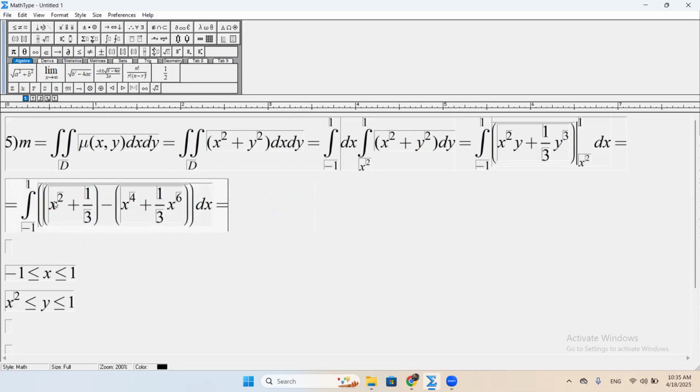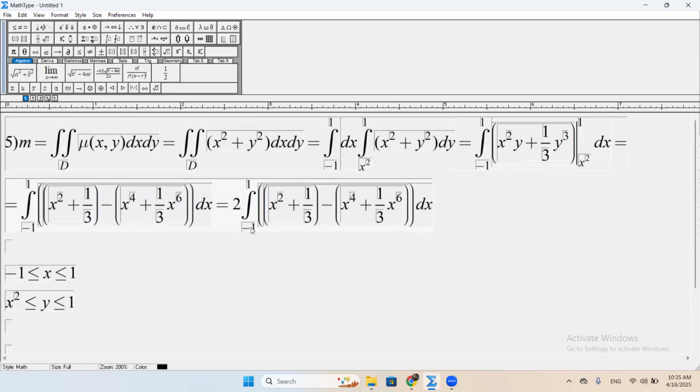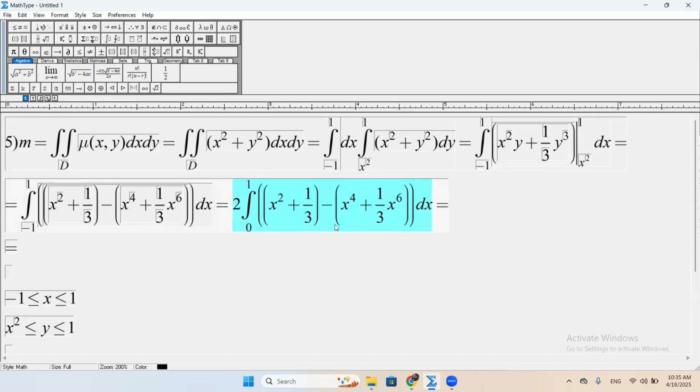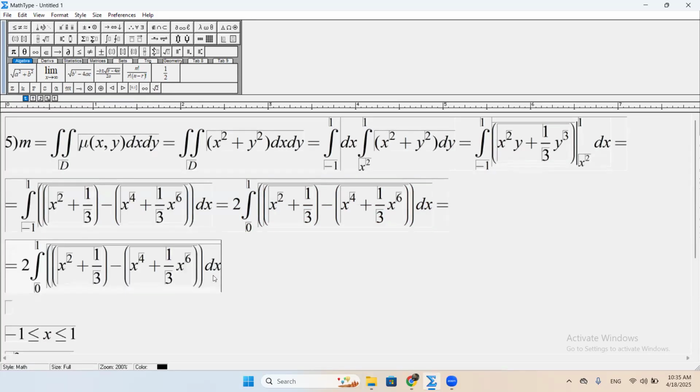By the way, we can see that this function is even, so we can simplify our calculations a little bit. So then let's expand brackets in this integral and simplify what we can simplify. So x squared plus 1 over 3 minus x to the power of 4 minus 1 over 3 x to the power of 6.